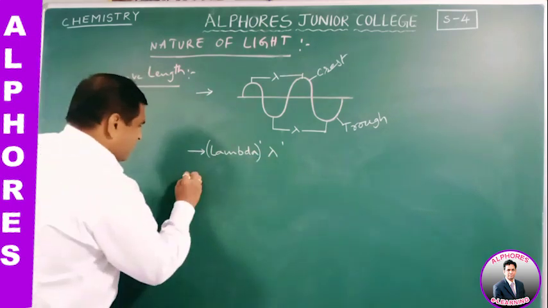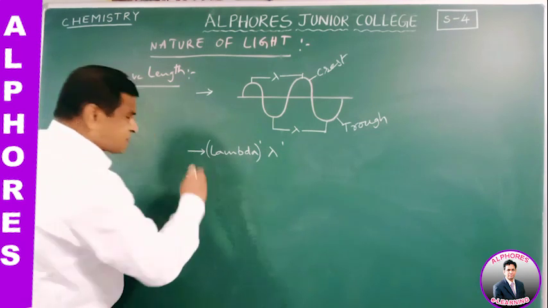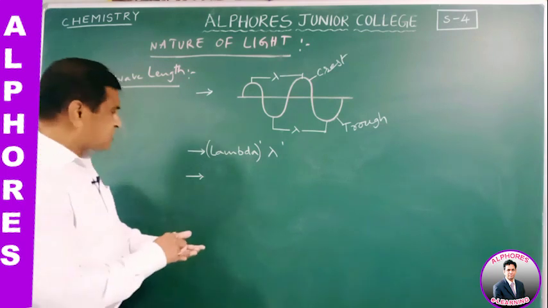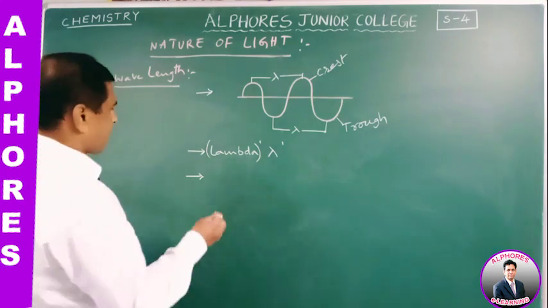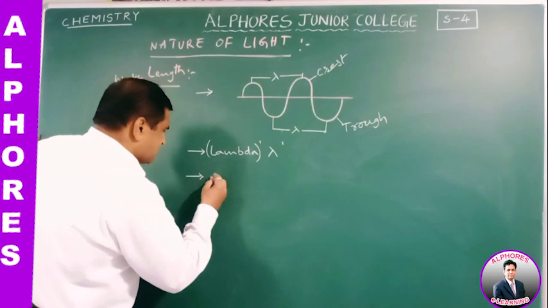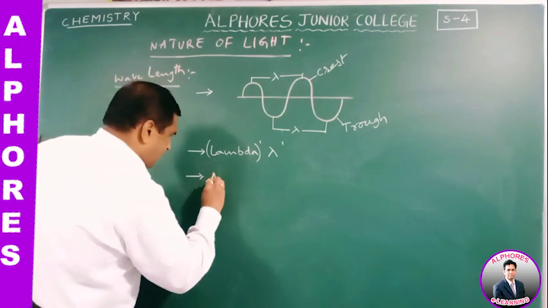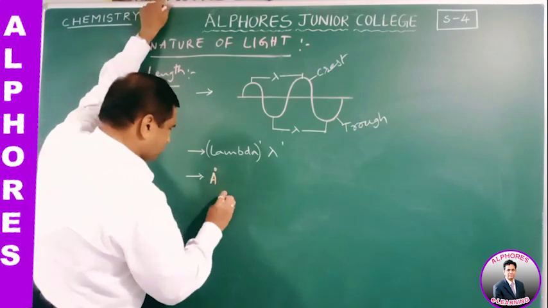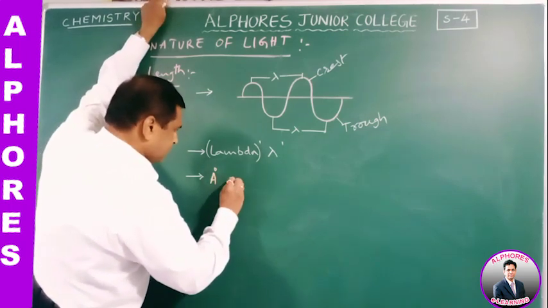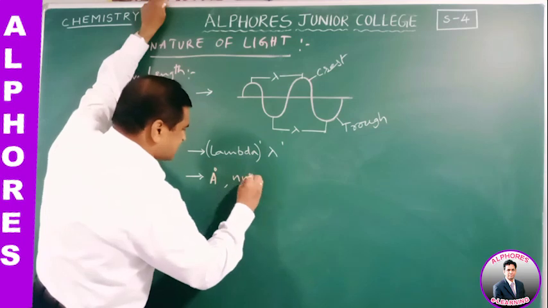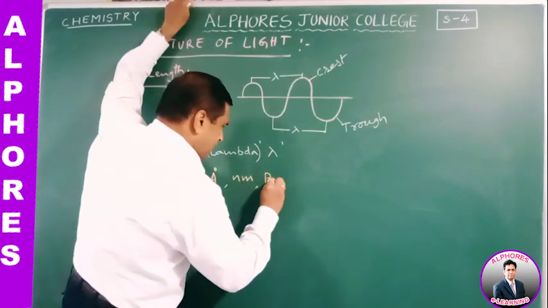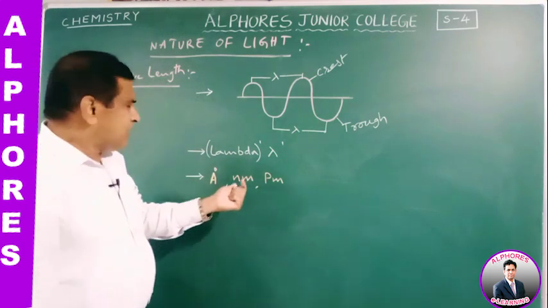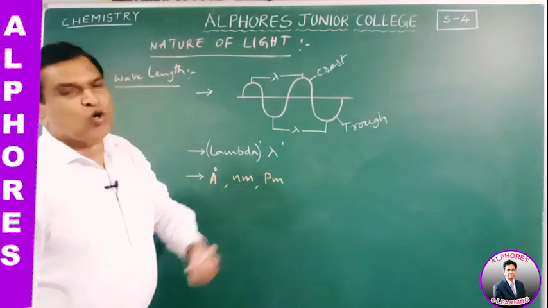The wavelength of electromagnetic light is expressed in the units of angstroms, nanometers, or picometers.